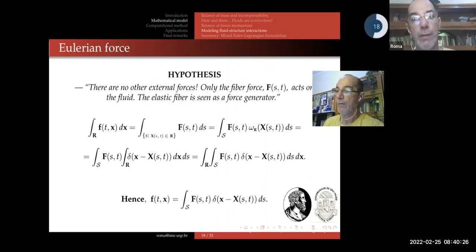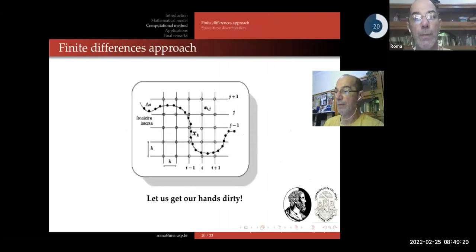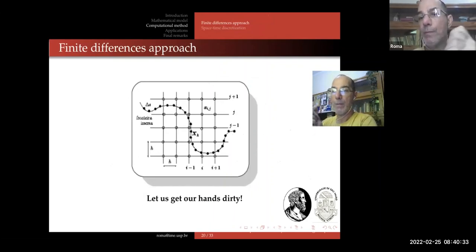For the region of the flow, we just use a fixed mesh, a numerical discretization for the region where the fluid is flowing.